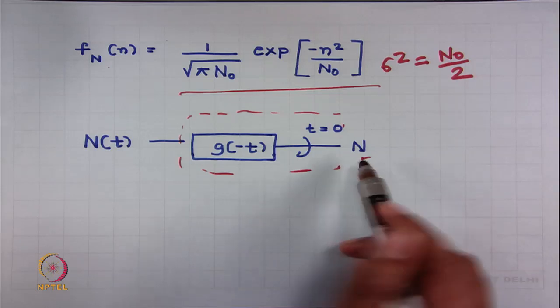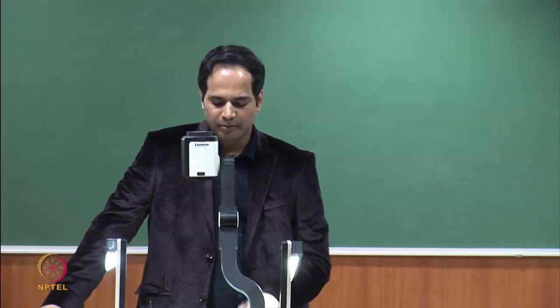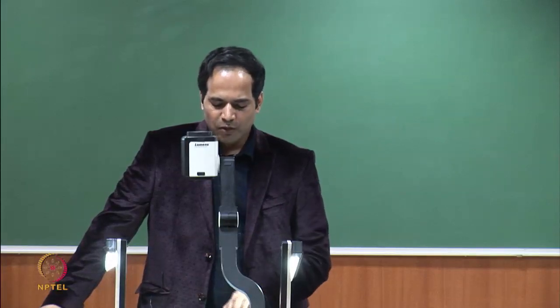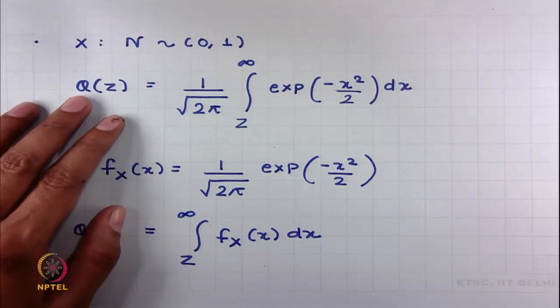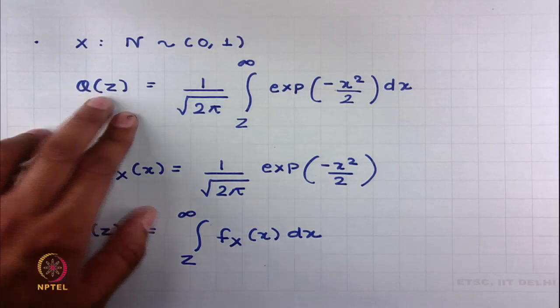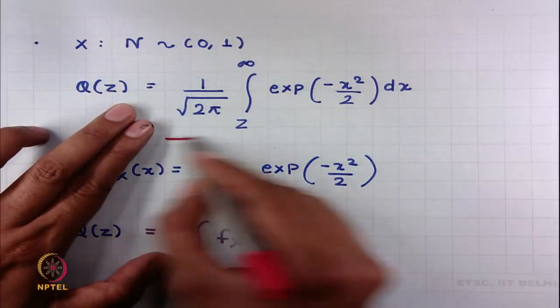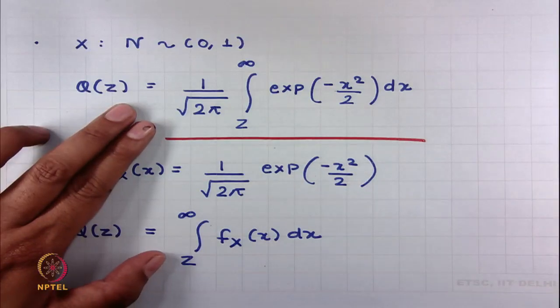Let us now introduce a few more concepts related to these Gaussian random variables. One very important function that you encounter in detection is the Q function. What is the Q function? For example, Q of z. Q of z is nothing but this integration.